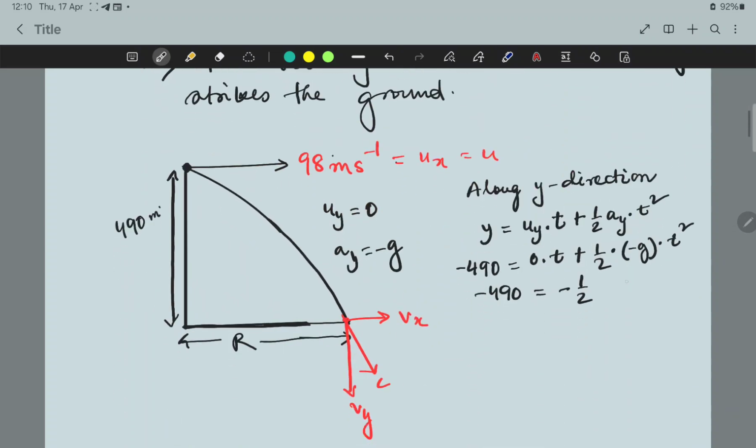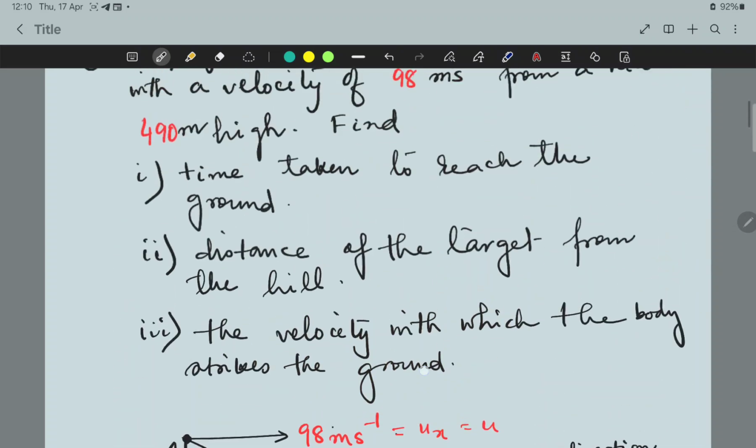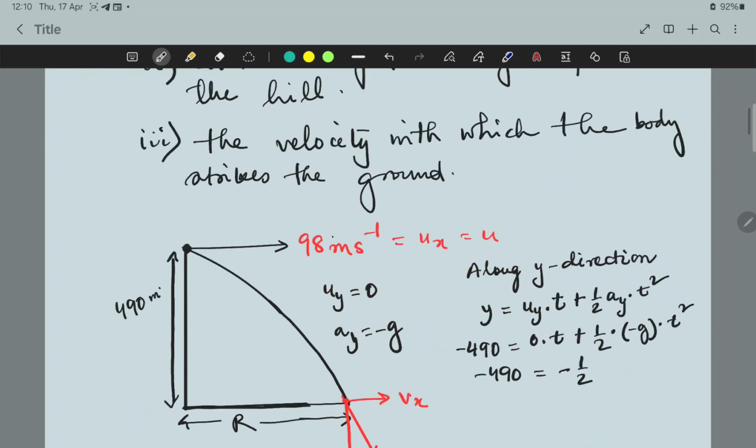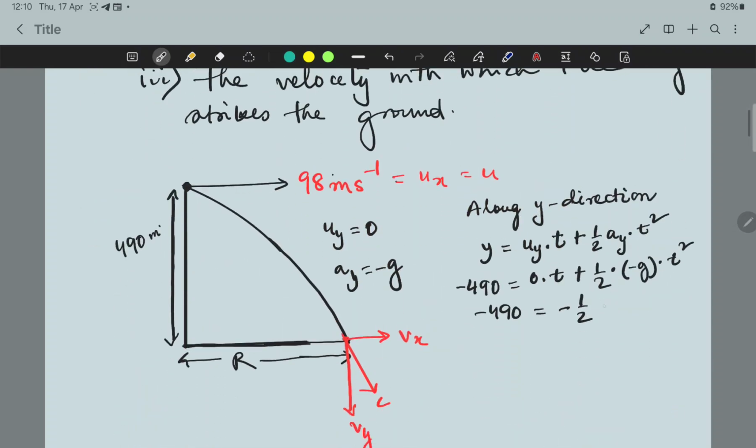If we take here 9.8, because in this question it is not said that take g equals to 10, so taking 9.8 multiplied by t square, so minus gone, t square will be 490 multiplied by 2 by 9.8.